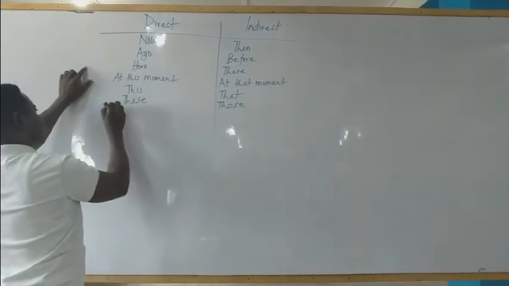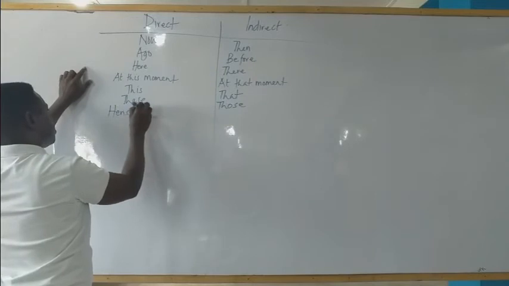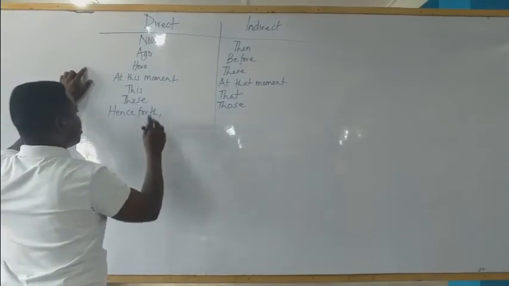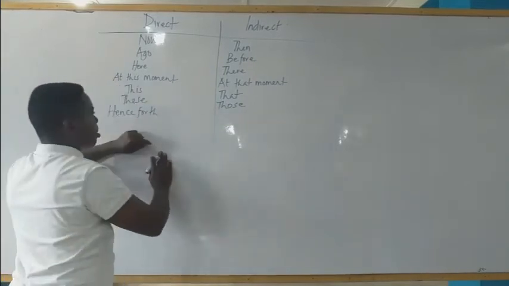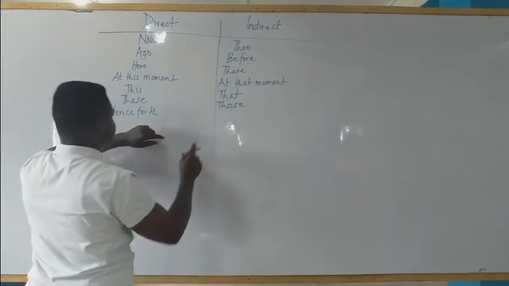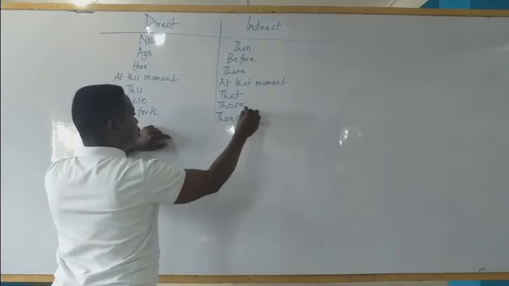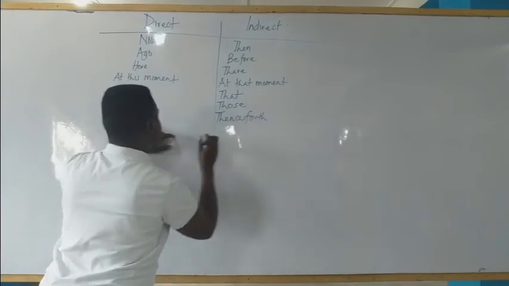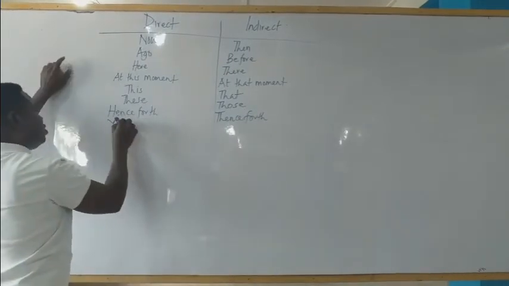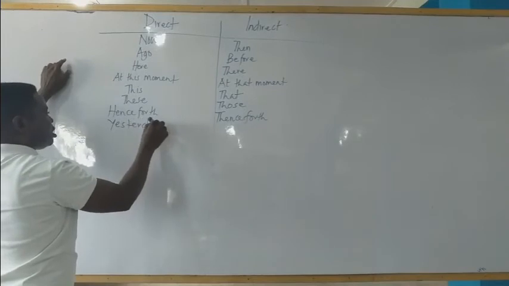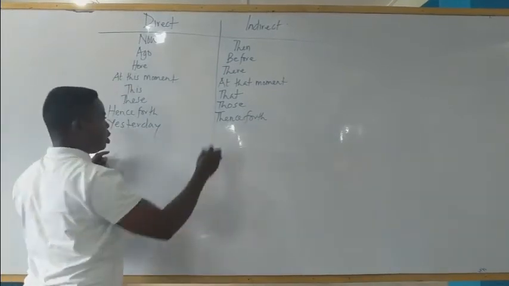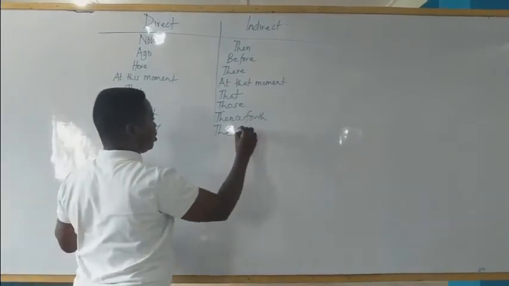Also, if you have "henceforth" in direct, by the time you report it to indirect, it becomes what? Thenceforth. If you have "yesterday" in direct, it becomes what? The previous day.